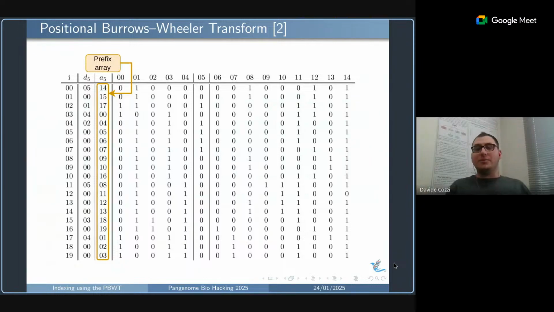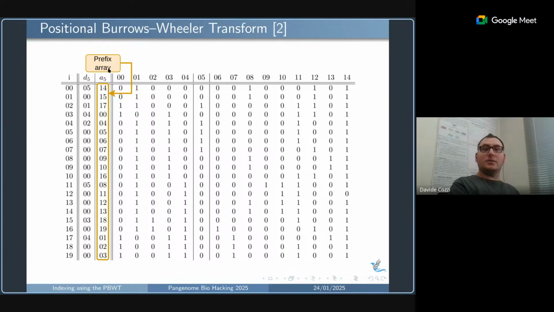We are trying to index, for example, column 5. So we sort all the rows up to the previous column, in this case column 4, and we store the ordering of the haplotypes in the so-called prefix array, because the PBWT is just a set of two arrays per column, de facto.